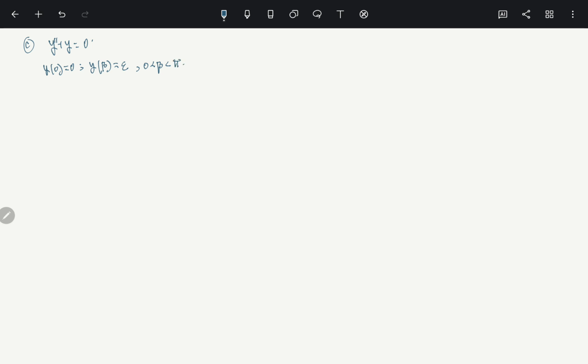If this data is there, one can check that y of x has a unique solution. You can easily check this part. So please do that: in the general solution, put the initial data and see that there is a unique solution. I hope this is clear.